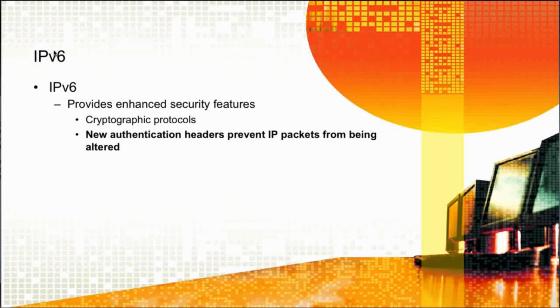Its new authentication header prevents IP packets from being altered in transmission. IPsec is inherent in IPv6, whereas IPsec has to be invoked or engaged with IPv4. So security is baked into IPv6, where it's absent in the IPv4 protocol.